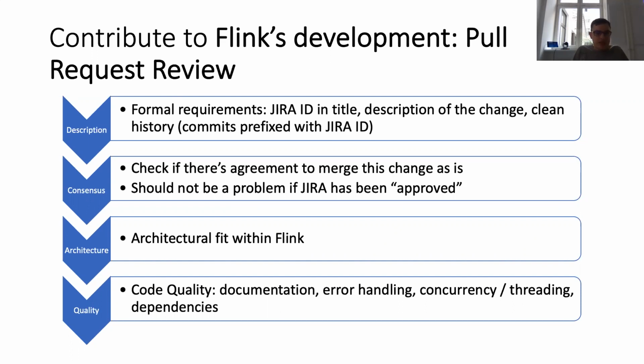Then we check whether the change fits into the overall Flink architecture. And finally, we look at the code. We look at the quality of the code. We look at documentation, error handling, concurrency, threading, dependency changes, and so on.